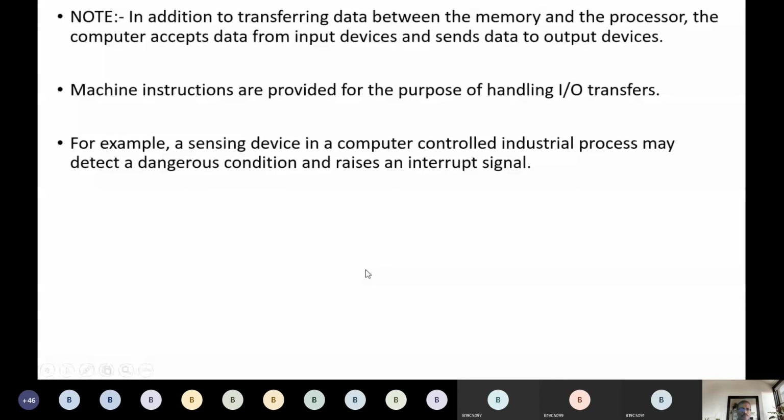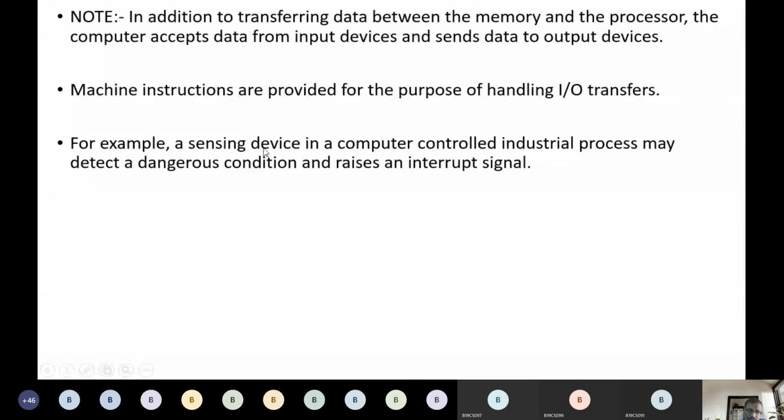So in this scenario, when the processor is busy with some work, there may be a situation, for example in a factory where this computer is, with a sensing device attached to the computer. This sensing device senses any fire and alerts the people in the factory or company.